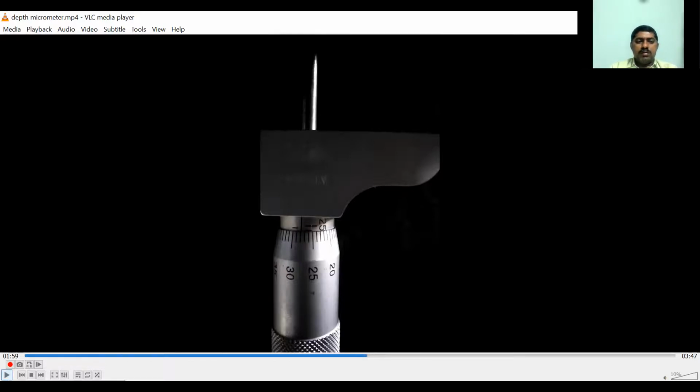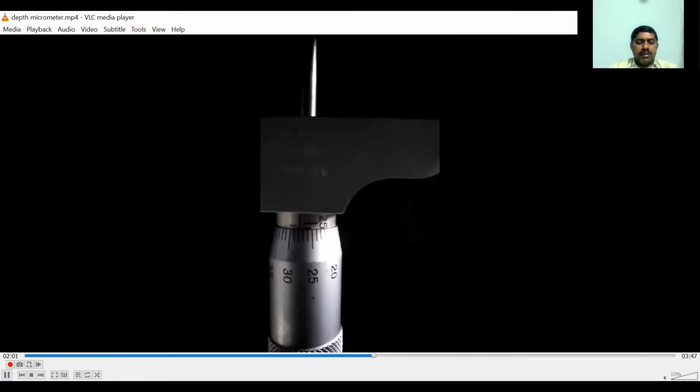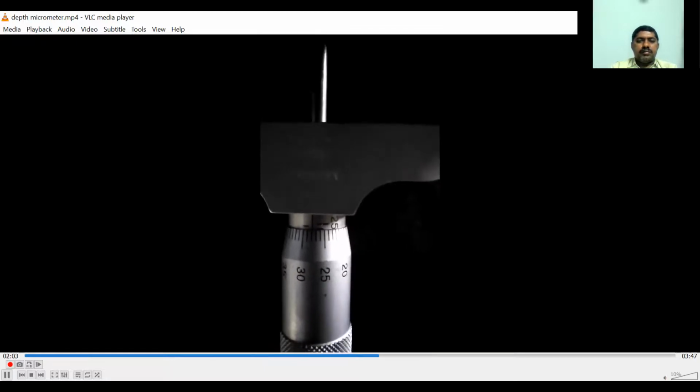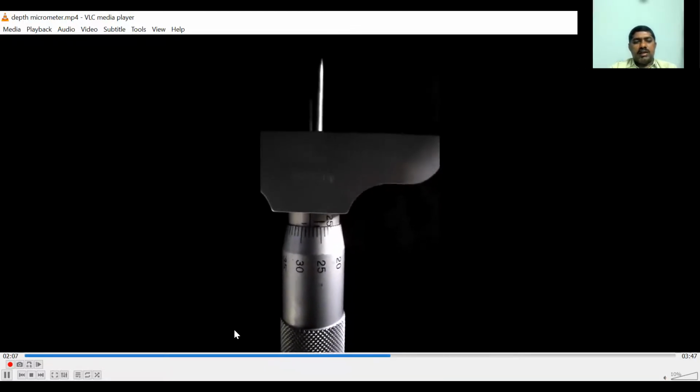Similarly, again we will place the depth micrometer inside the ring gauge and take the reading. This procedure will be repeated 4 to 5 times, and then we will take the average.